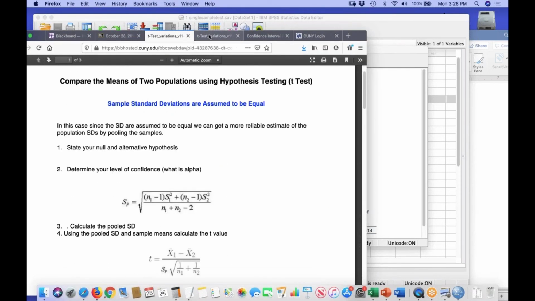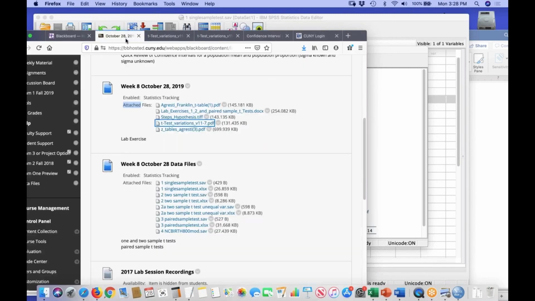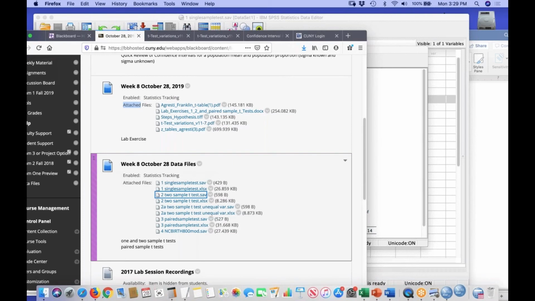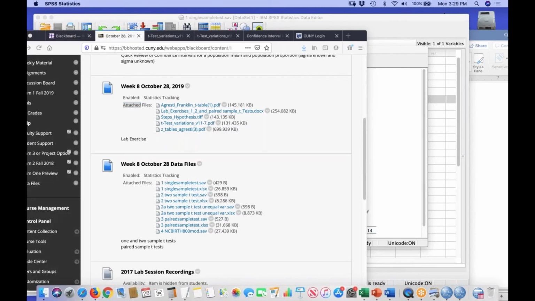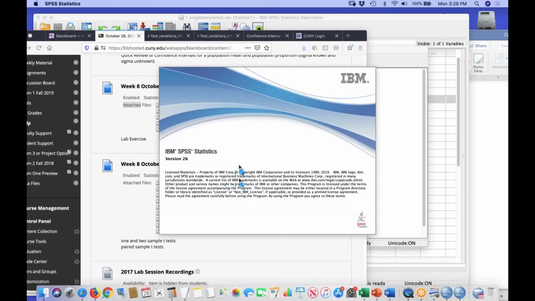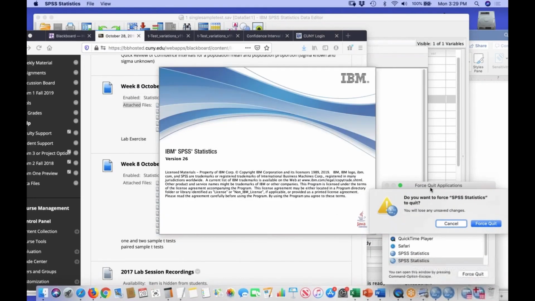So I'm going to go back over here and let me save this. I'm going to take the SPSS version of this. Hopefully it'll use the version I have open. No, it's not. I got the wrong version again. I really need to delete that.